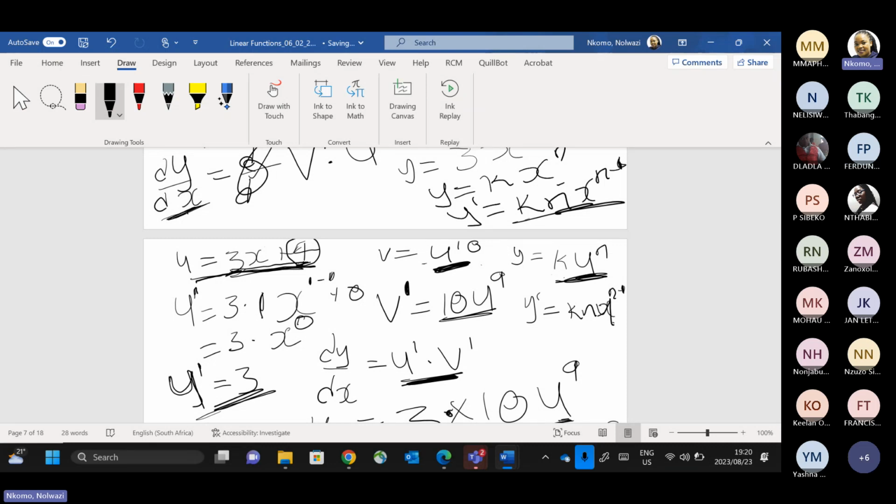No. This is a power function. An exponential or logarithm would be e to the power something. Or I thought you meant the basic power function.